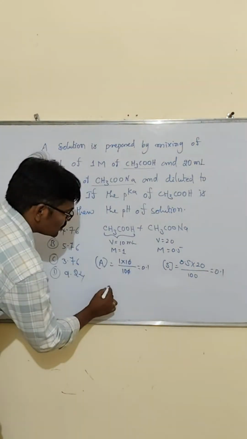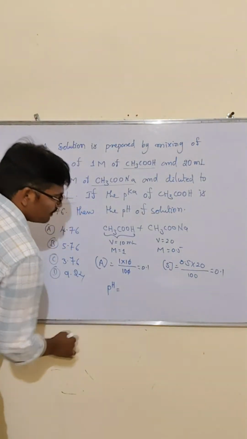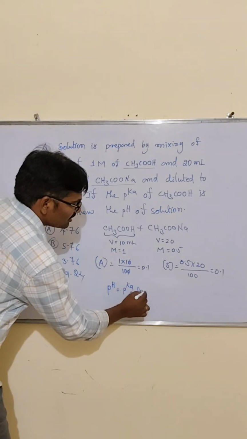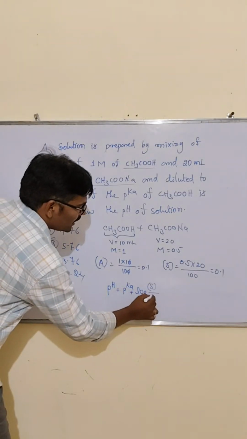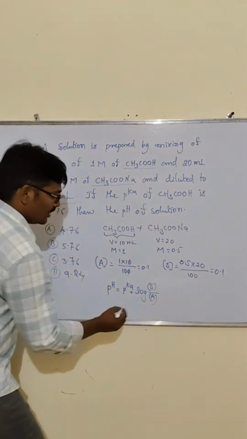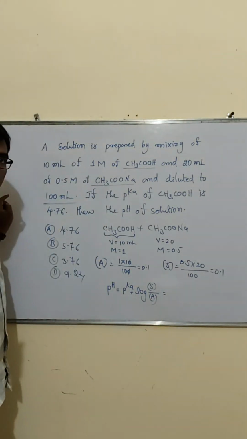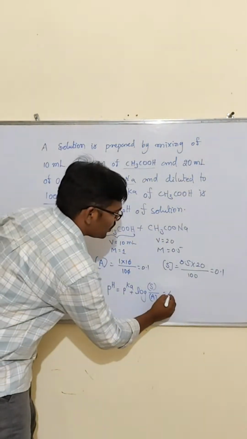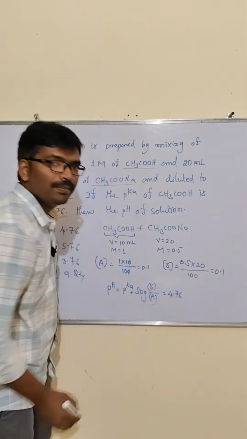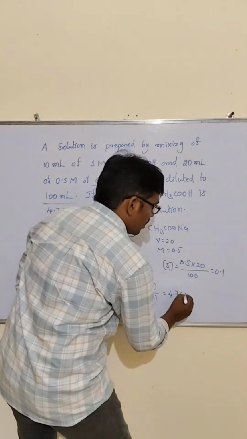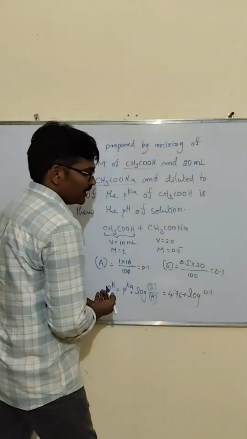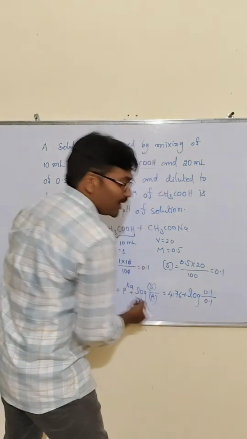Then what formula did I tell for finding pH? pH equals pKa plus log salt concentration divided by acid concentration, right? Look at my dear students, the pKa value is 4.76, plus log of salt concentration 0.1 by acid concentration 0.1.